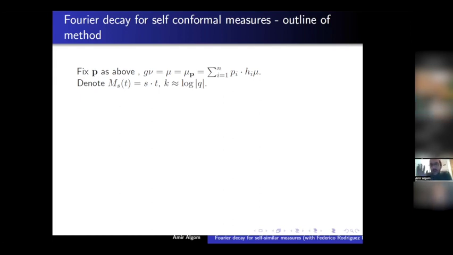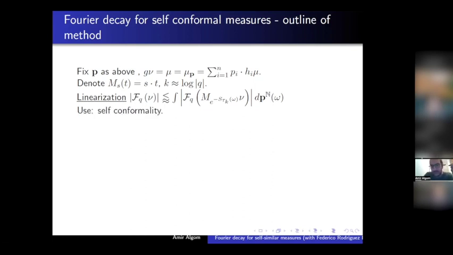So there are three steps to our method. The first step is linearization. We bound the Fourier transform of nu using an integral against scaled copies of nu against this random walk. This is where it appears. And note that the measure is this infinite product measure. Actually, two remarks. First of all, this uses self-conformality, since tau is a stopping time.